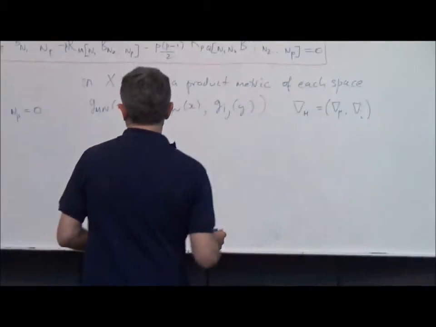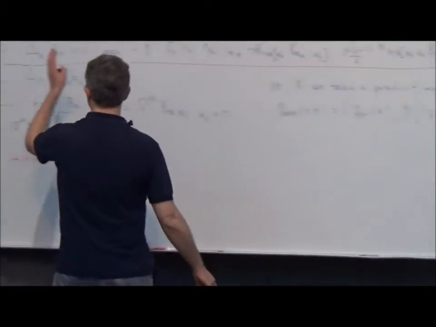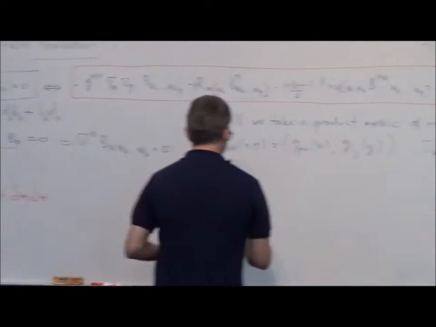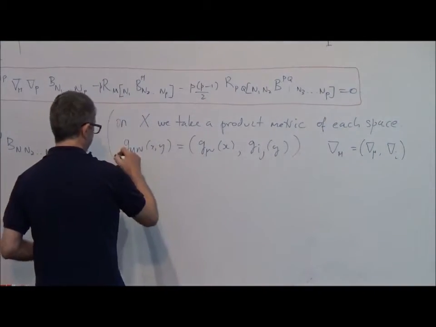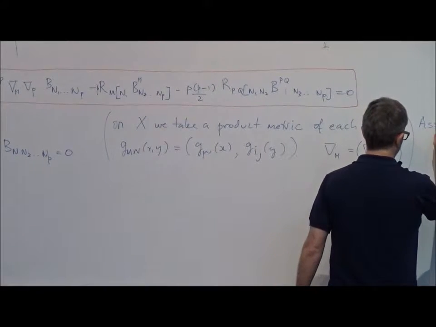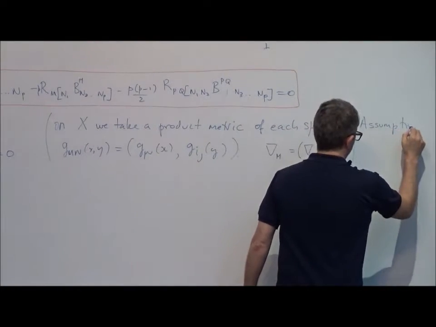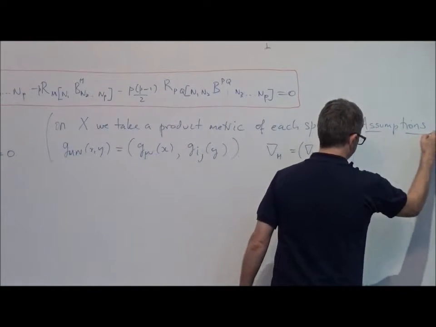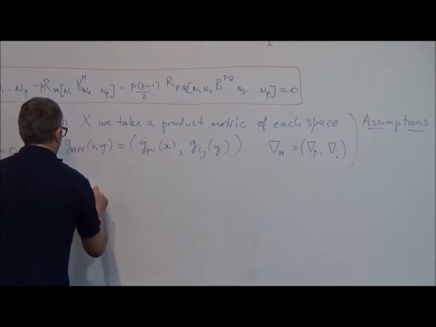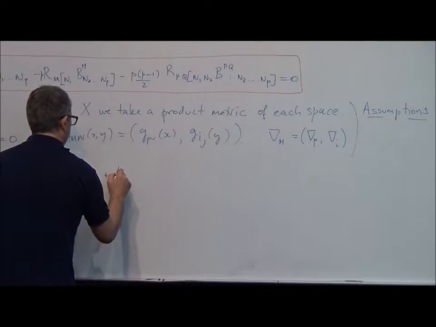Now, what are we trying to solve? Well, we're trying to solve this equation, but because of this, under these assumptions, so these are my assumptions, I get this equation.